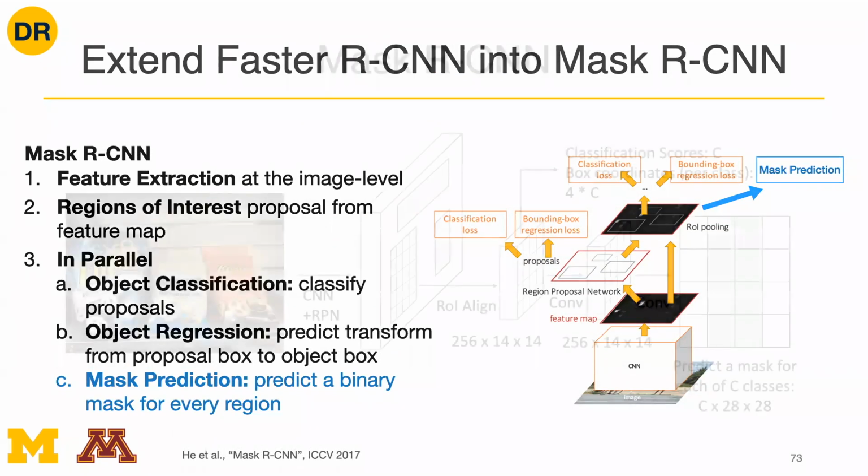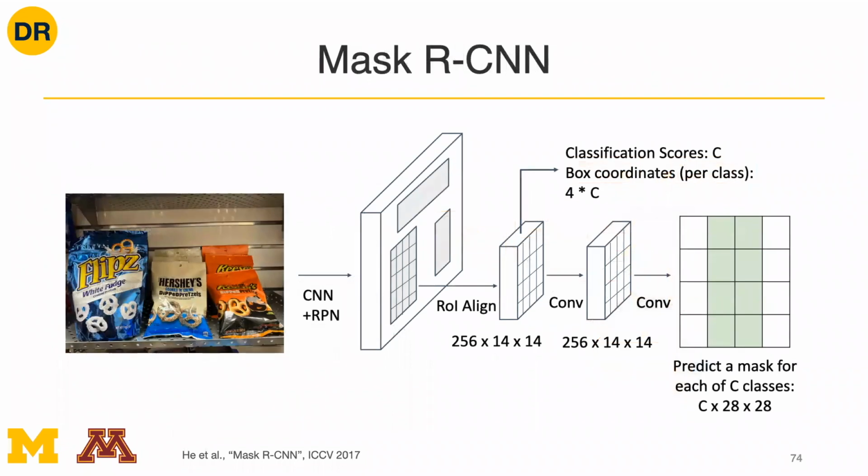And to be more specific, you have convolution layers that are operating on your proposed regions to give you a classification over all the classes that you have. One thing to remember is, although we have, let's say, C cross 28 cross 28 here, your ground truth will only be with respect to one particular object. The rest of them will not have any value. So you'll only use that information for the backpropagation.